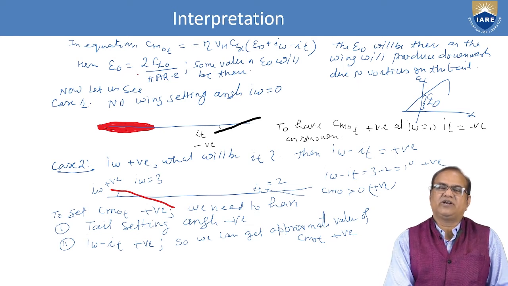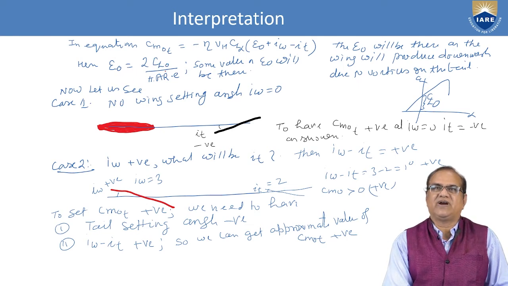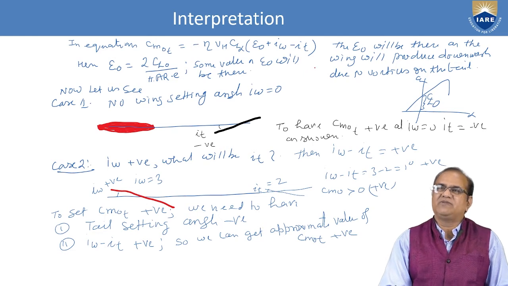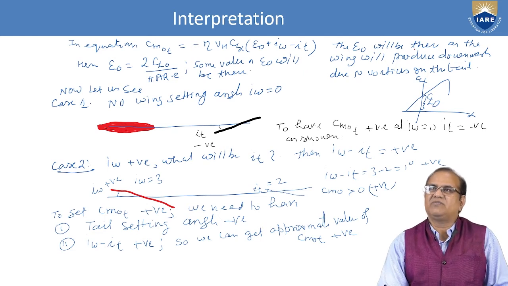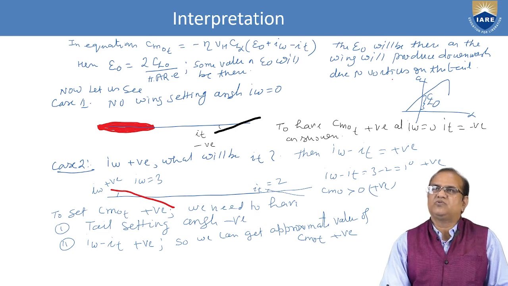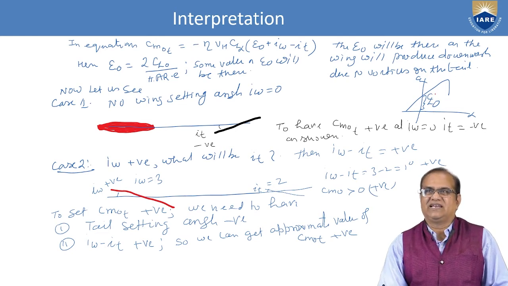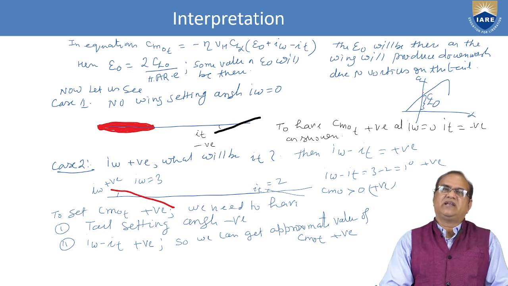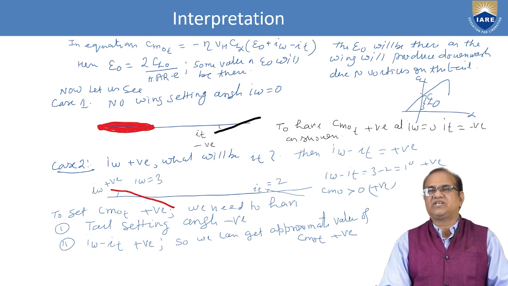Here epsilon naught is equal to 2CL naught divided by pi aspect ratio into E. So some value of epsilon naught always will be there, and why will this be there? The epsilon naught will be there as the wing will produce downwash due to vortices on the tail. It is shown here. Here I am interpreting this.